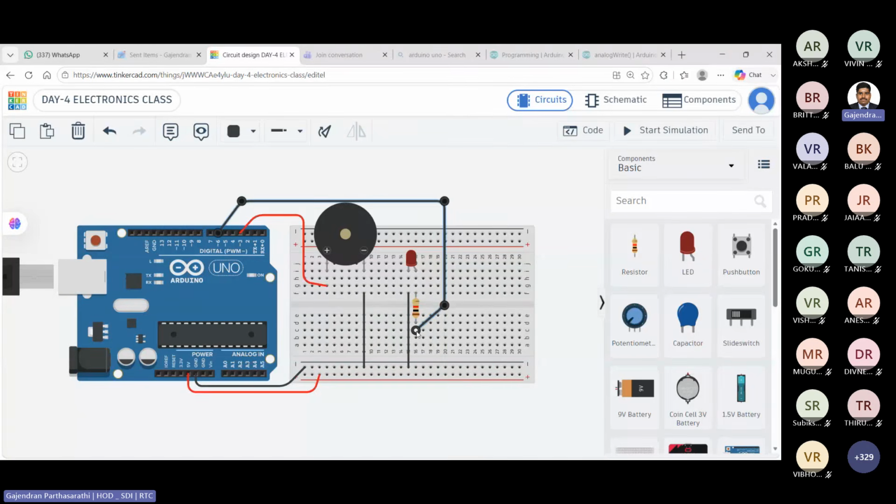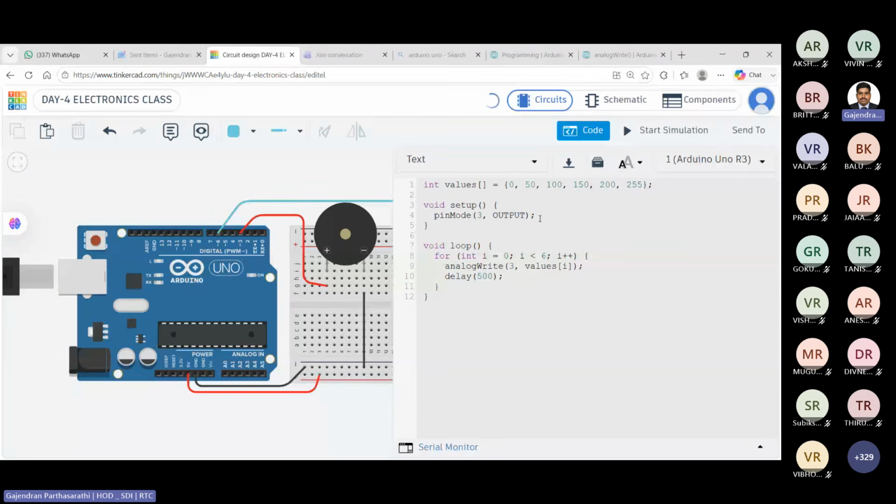I'm going to give a different color for the LED. Sixth pin. What change do I need to do? Go to the code. I need to assign one more pin for the LED. 3 is for the buzzer. Am I correct? Now I am going to assign the sixth pin for the LED, and repeat the same code for the LED as well as the buzzer.